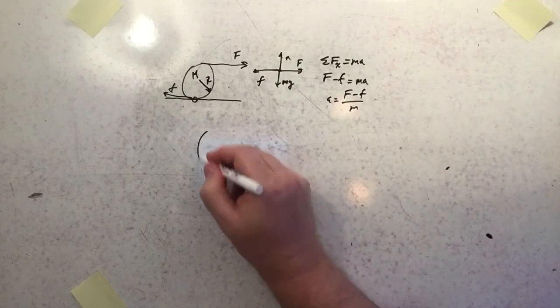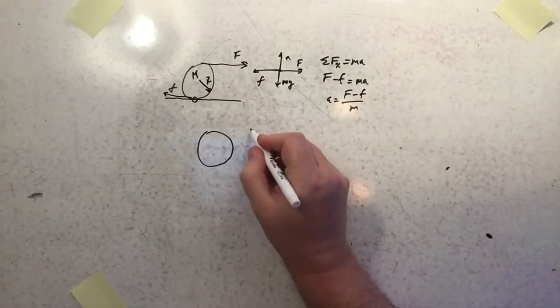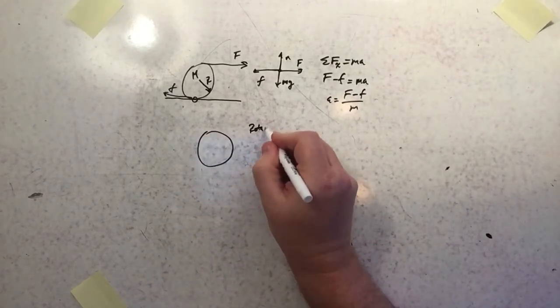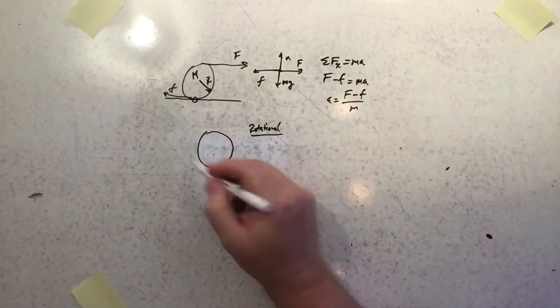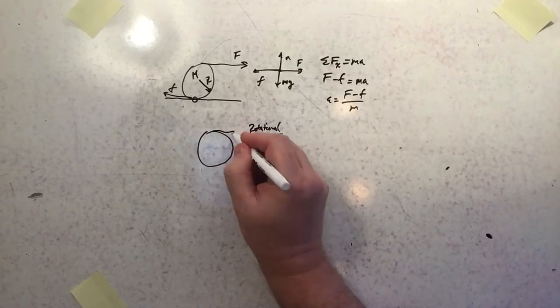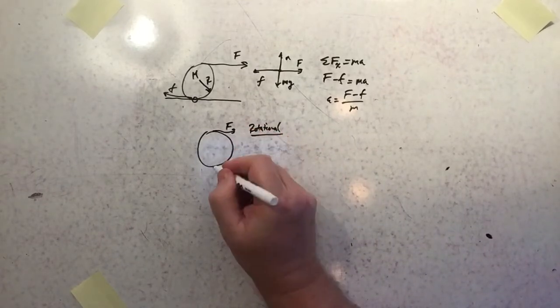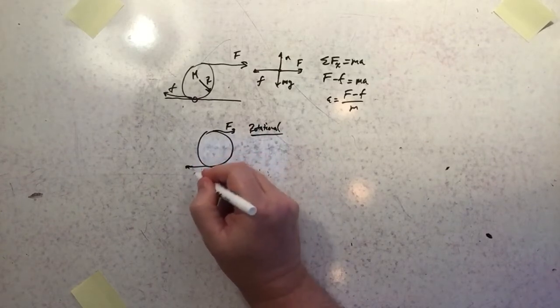Okay, we do the same thing rotationally. Now rotationally, we do care about the shape because where the force is applied affects the torque. So we've got the applied force here, we've got the frictional force here.